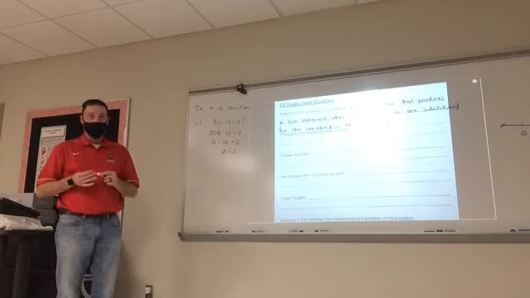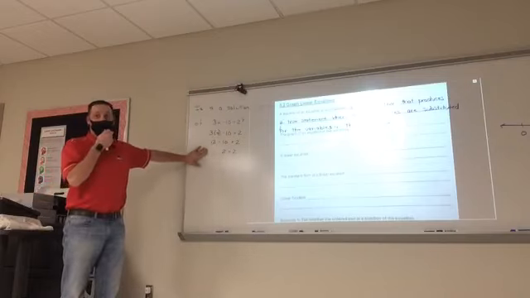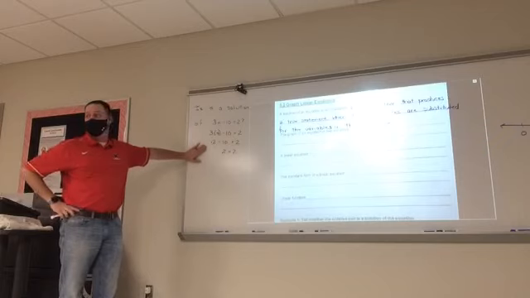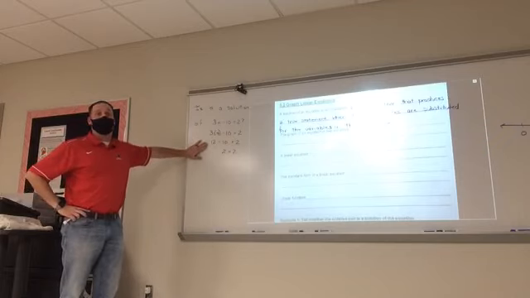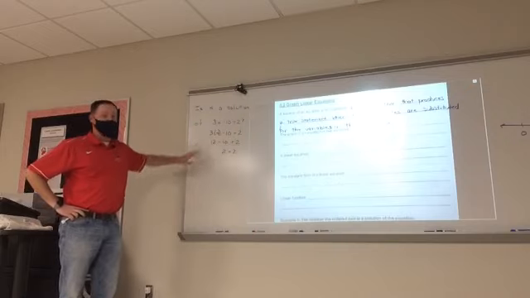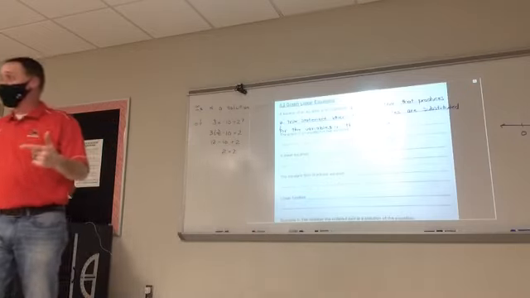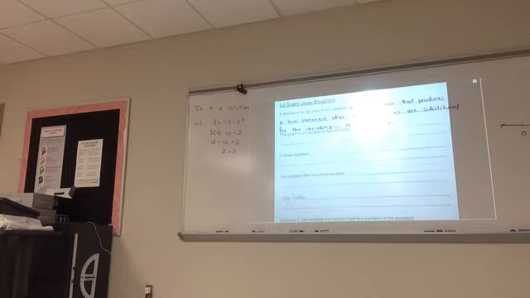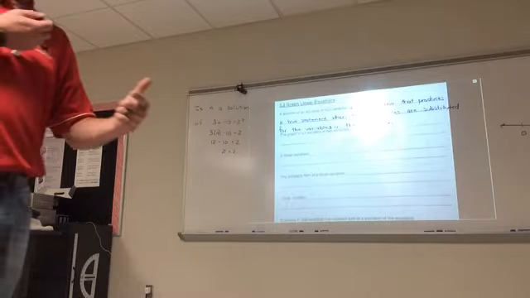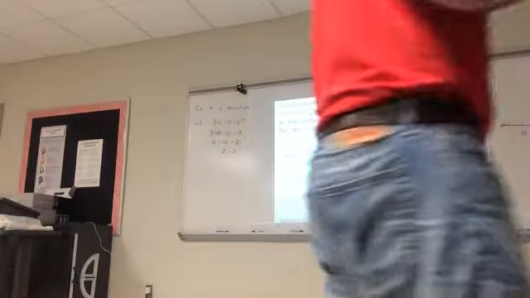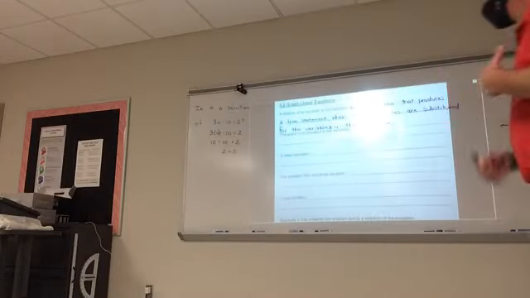Okay? So we did it with one variable. We did this a long time ago. We're in Unit 4. We did this at the very beginning of Unit 2A. It's been a long time. But in order to determine if a number was a solution, it meant that you replaced the variable with that number and then determined whether or not it made the equation true. Okay? So, think about this.